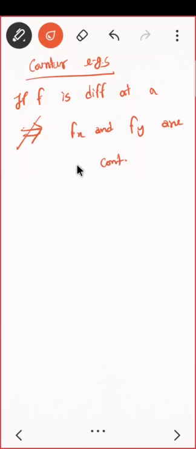So let us give a function which is differentiable at that point, but fx and fy are not continuous at that point. Okay, so let us see.